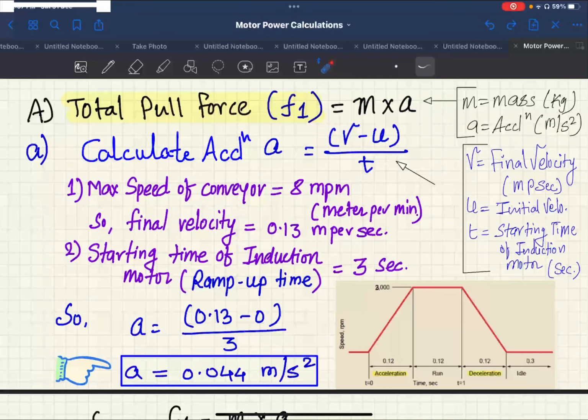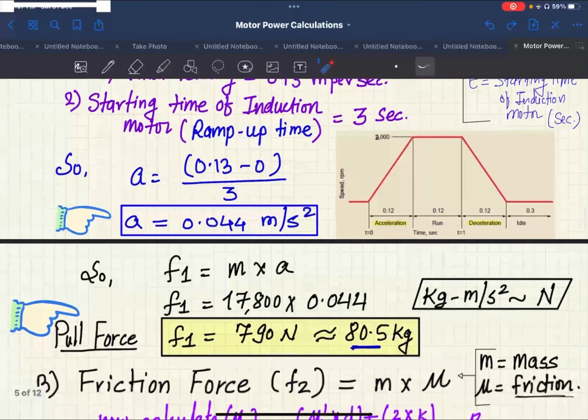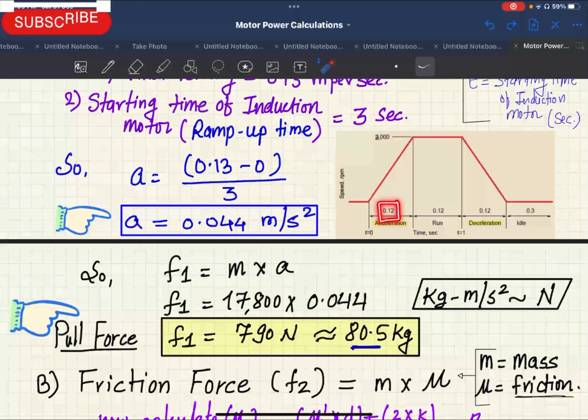The ramp up time we have considered here is 3 seconds. This is actually not a consideration, but it is given in the motor catalog. In the chart, this red line shows how the motor actually behaves. Right now at this stage, t equals 0, because the motor RPM is 0. When the motor RPM goes to 3000 RPM, it requires some time to ramp up, which is called the ramp up time of the motor.